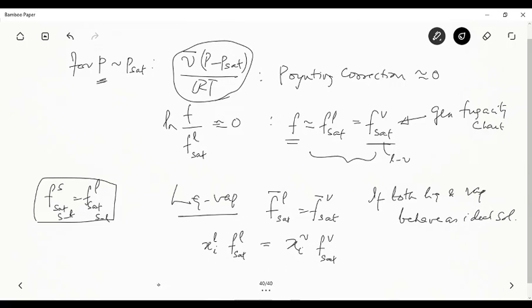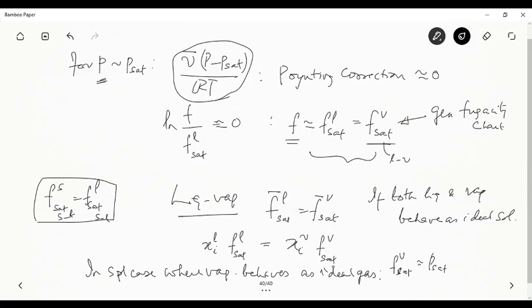Now, in the special case where vapor behaves as ideal gas, then the FV sat is equal to P sat.